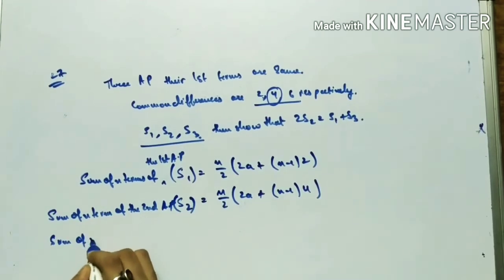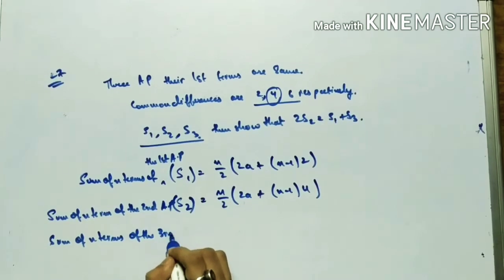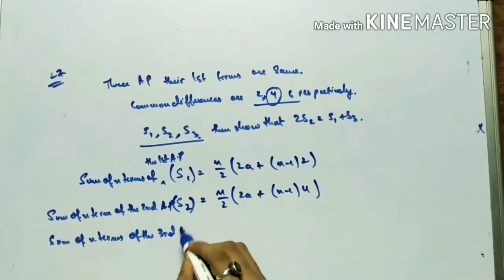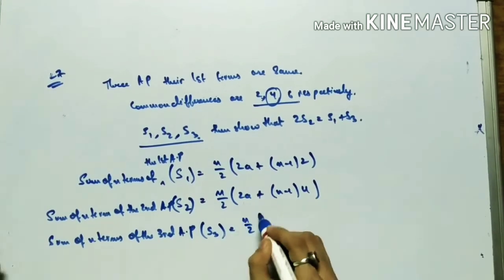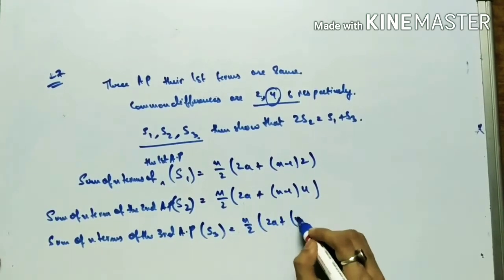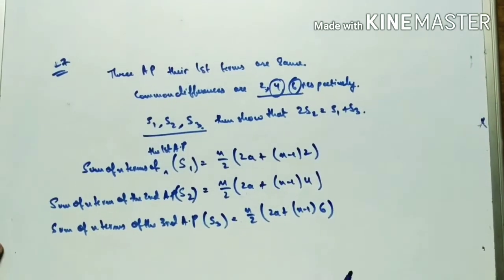And then sum of n terms of the third AP, this one S3, is equal to n by 2 into twice a plus n minus 1 into the common difference, and the last common difference is 6.